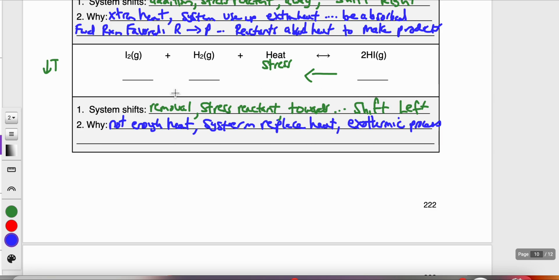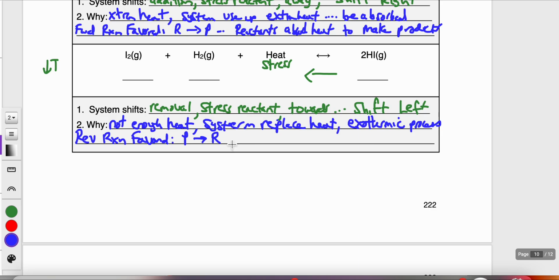So the exothermic process is the reverse reaction. So in this case, to reestablish equilibrium, the reverse reaction is favored, meaning that the products will make more of whatever is on the reactant side.